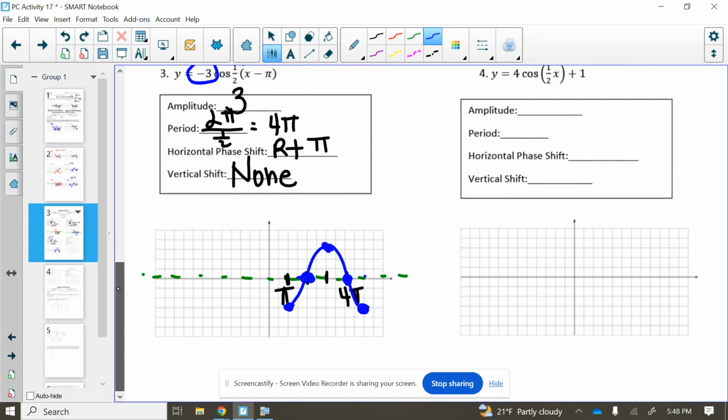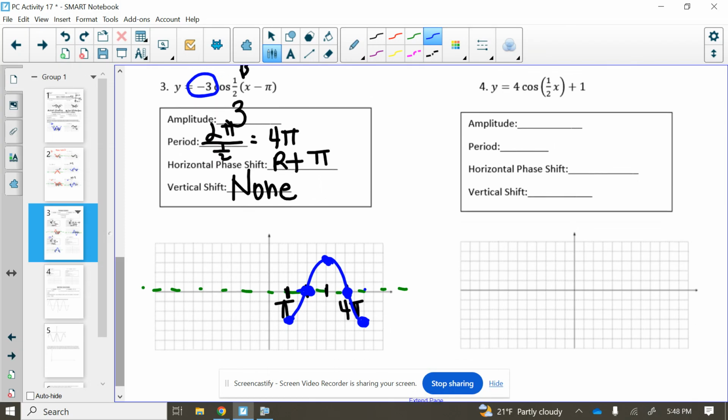And then the last one on this page is going to have a couple things happening. Amplitude of 4, period. Again, we're dividing by this b value of 1/2. So again, 4 pi. No horizontal shift, but up 1 for a vertical this time.